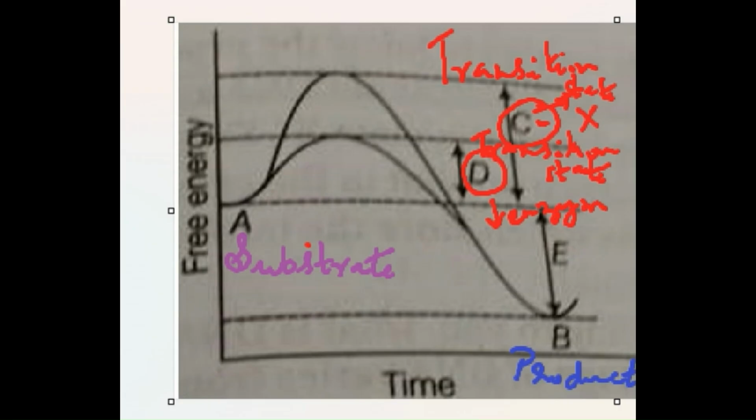Since D is using enzyme, only less activation energy is required for the substrate to be converted to the transition state form. So that's about C and D. Then what is E? E just means the substrate gets converted to product, so the energy required for substrate to get converted to product. That's it.